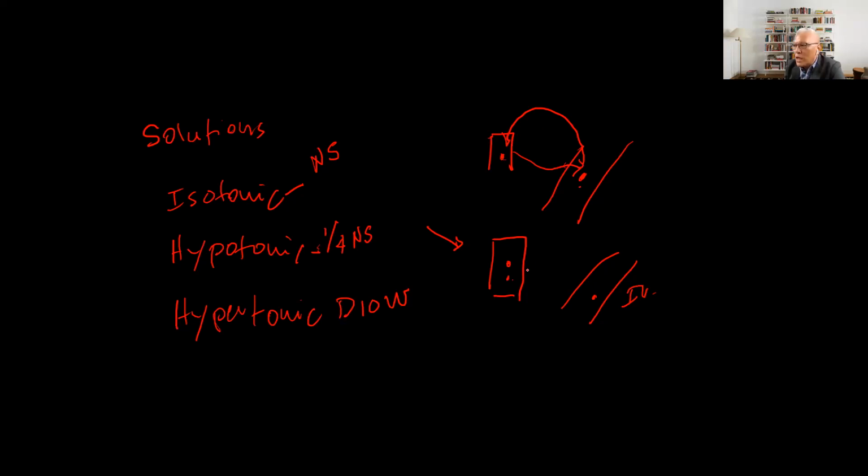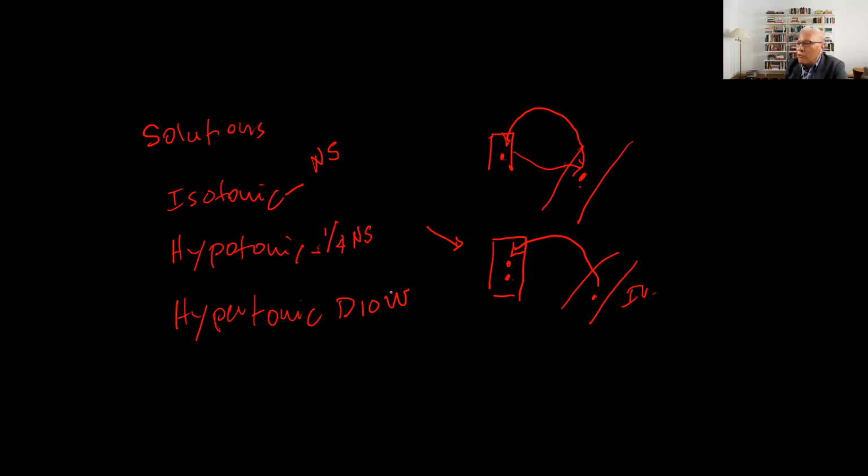Okay, I'm going to tell you, the cell is more concentrated, so the fluid will go in here. So if you want to bring the water into the cells, what you need to do is give a hypotonic solution. And that's exactly what we need, right? Because of the fact that we had cellular dehydration.